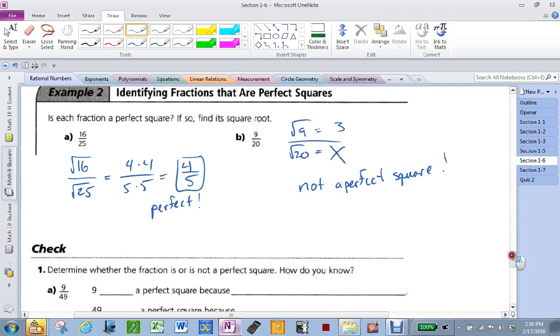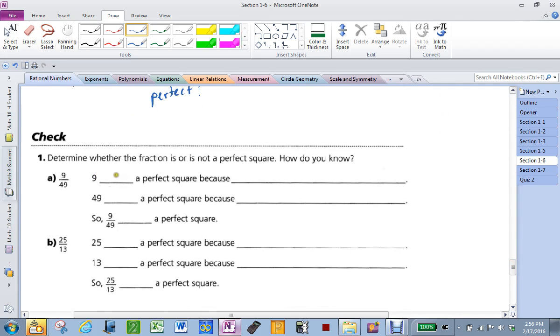So let's check. 9 is because of 3 times 3. 49 is, because of 7 times 7, so 9/49 is. 25 is, because of 5 times 5. 13 isn't, because no equal factors. As James told us, it's a prime number.